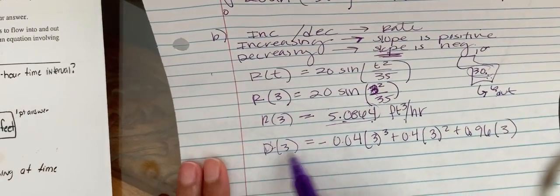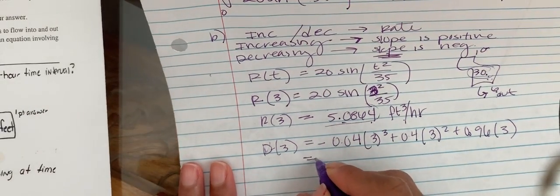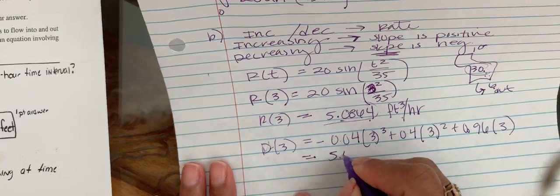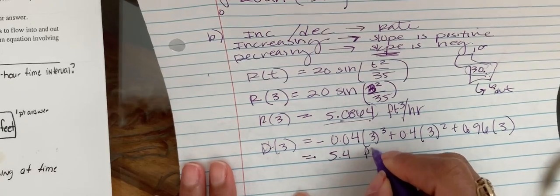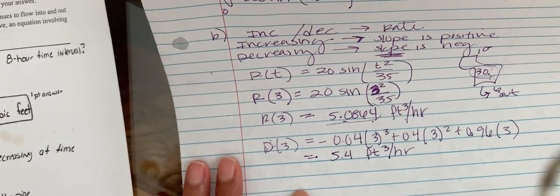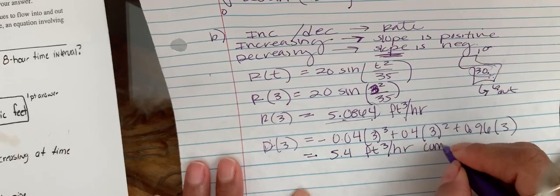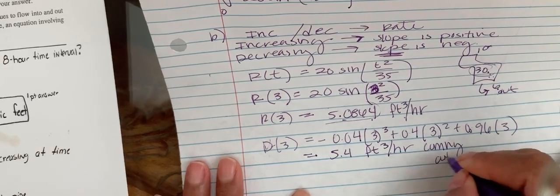So we're just substituting it into our rate equation. If you find this answer, out will come 5.4. Okay, so what does that mean? That means this is how much is coming out.